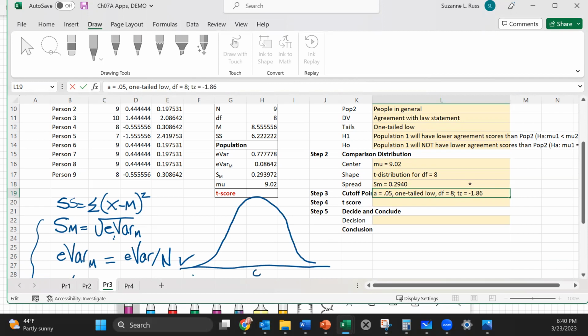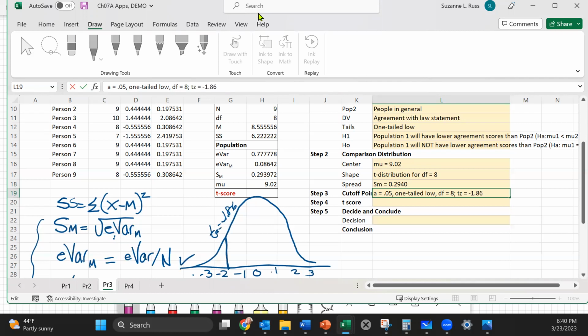We'll put in our 0, 1, 2, 3, -1, -2, -3. And we need to indicate the point of minus 1.86, which will be between the 1 and the 2 and closer to the 2. We'll write T alpha equals negative 1.86.